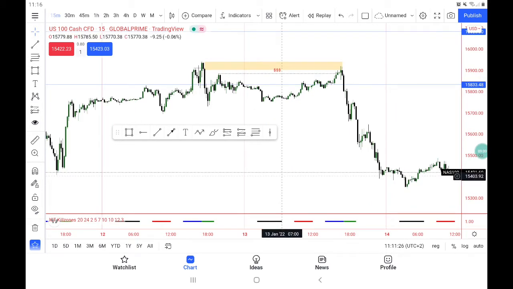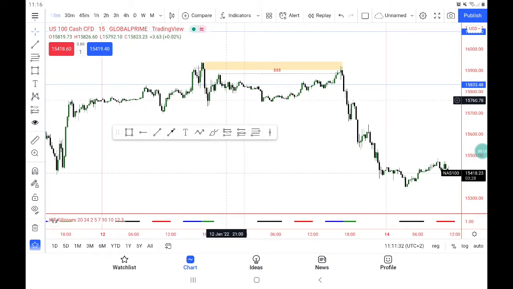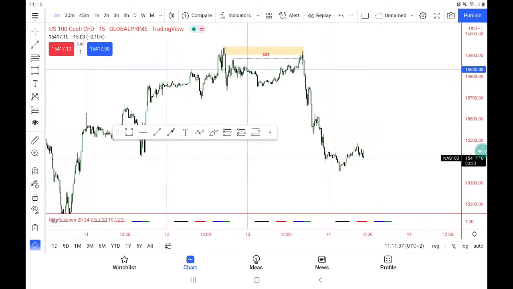So now you broke structure, you ran liquidity, you broke structure. Now you go to the extreme. We sold off this point.